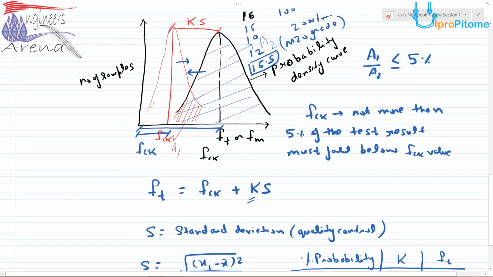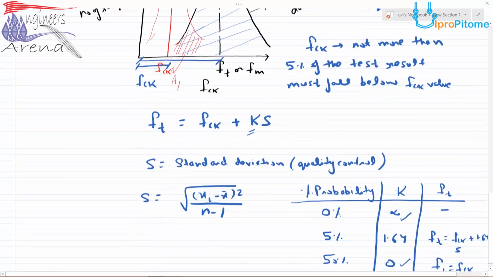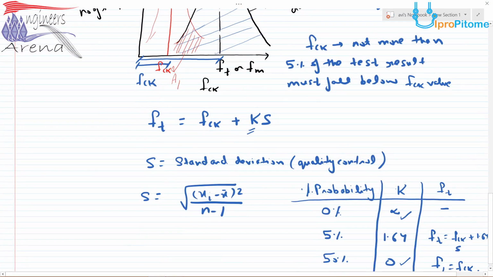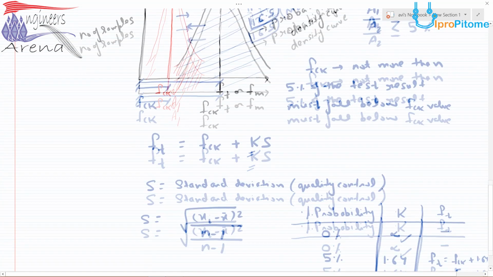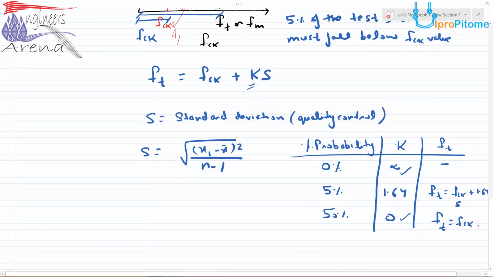These two graphs are coming closer as we are increasing the percentage probability and decreasing the value of k from infinity to 0. This was just for the analysis of this graph.